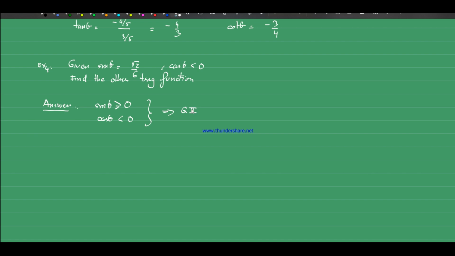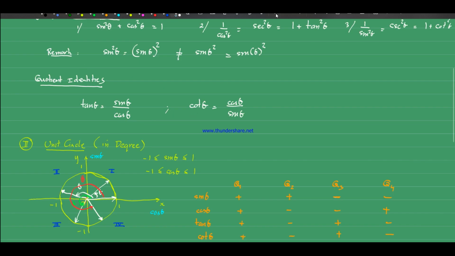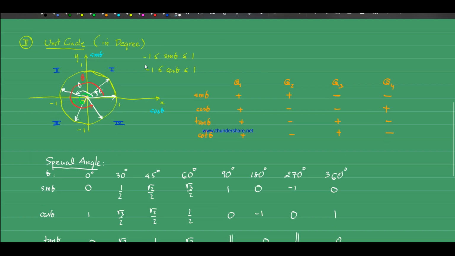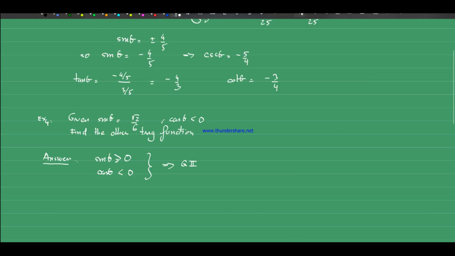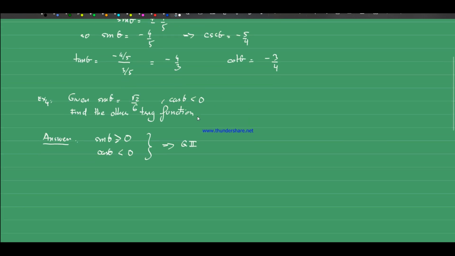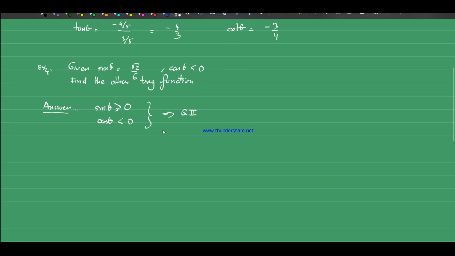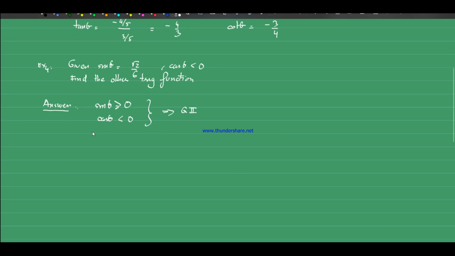Right here, in this direction cosine is negative, in this direction sine is positive. So you see that you just need to memorize the unit circle and you should be fine. Now that you know quadrant 2, you can figure out positive and negative for the rest of the other trigonometry functions.